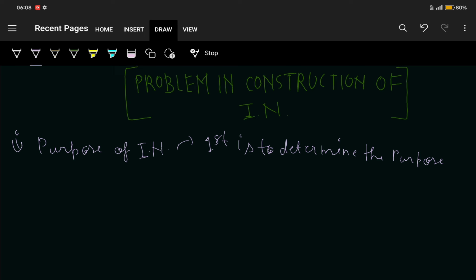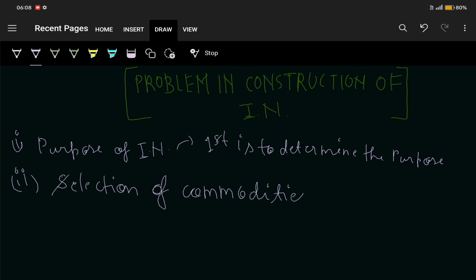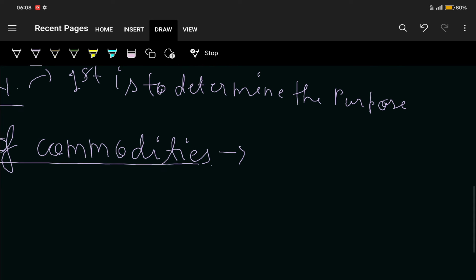And the second point is selection of commodities.